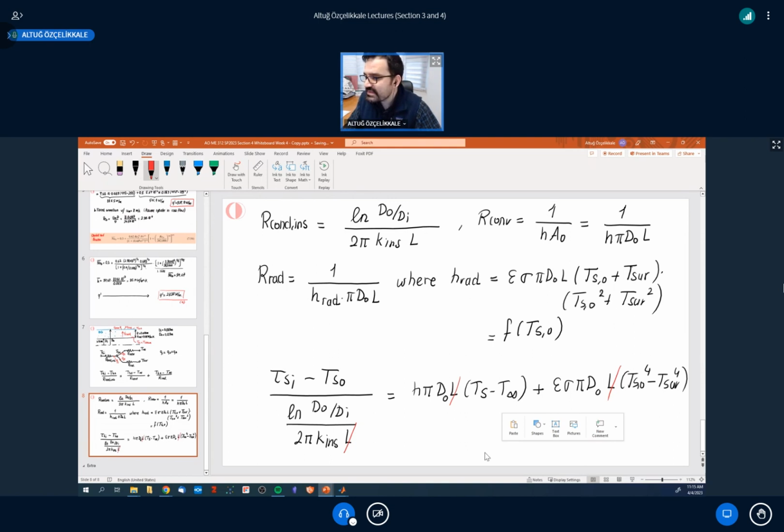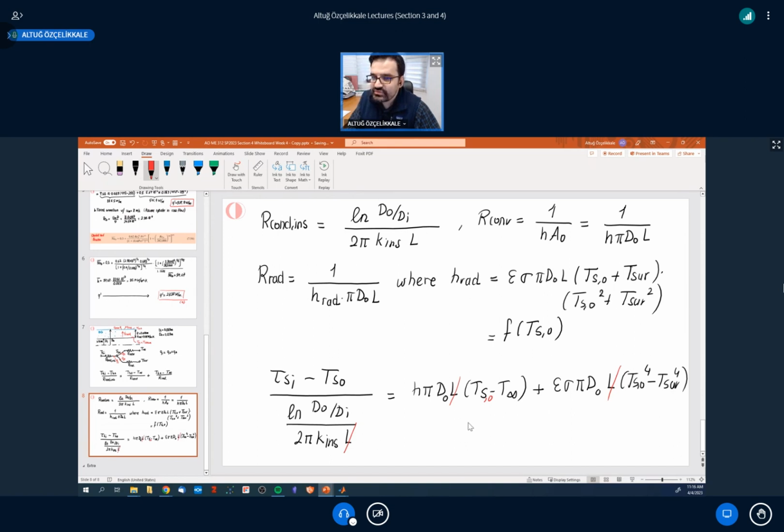One approach would be to take an iterative approach. This is yet another root finding approach, where you would simply ignore the nonlinear term first, saying no radiative heat transfer, calculate TSO from this equality, and then substitute that in and recalculate TSO based on that.